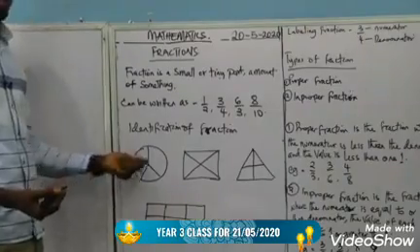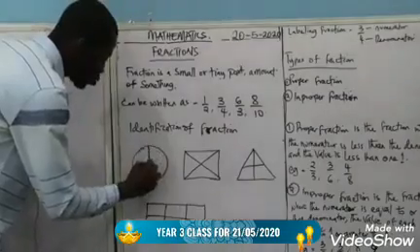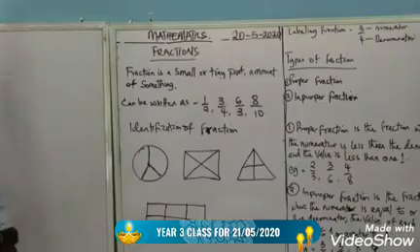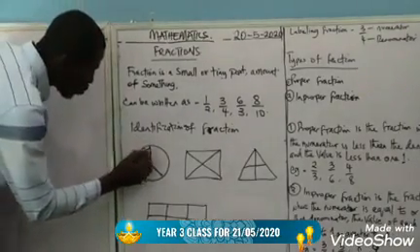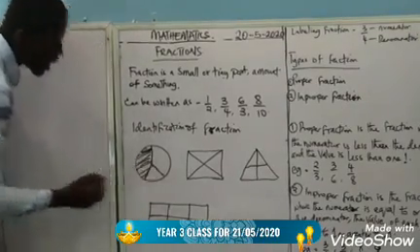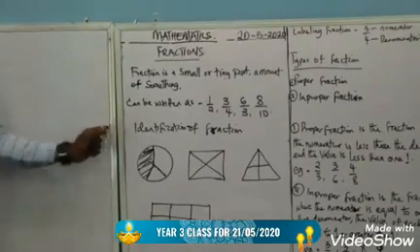Let's say for this circle, this can be your cake. And you see this circle is divided into 3 parts. You have 1, 2, 3. It's divided into 3. Then if I was to shade one out of these 3 parts, remember it was divided into 3 and I shaded 1.